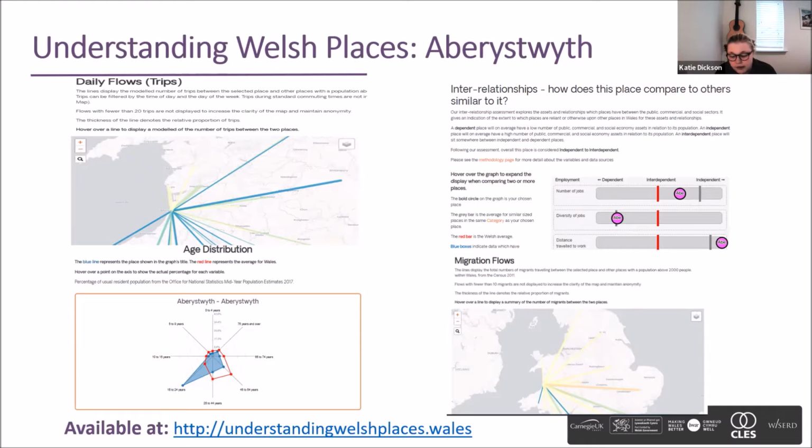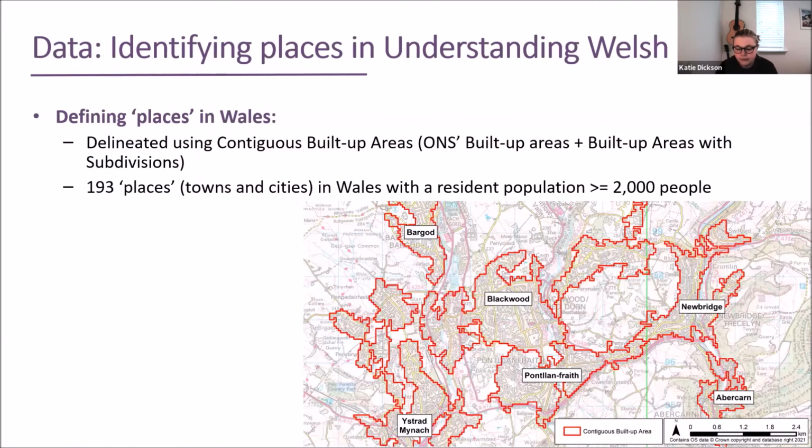Before we go into the community assets data and the development of the classification, I just thought I'd mention how we define places as part of the Understanding Welsh Places project. So as part of UWP, we're defining places as contiguous built-up areas, so CBUAs, which are a combination of the Office for National Statistics 2011 built-up areas dataset and the built-up areas with subdivisions dataset.